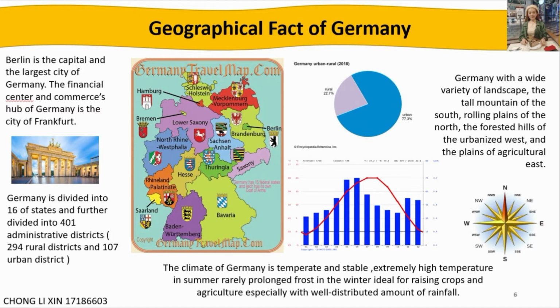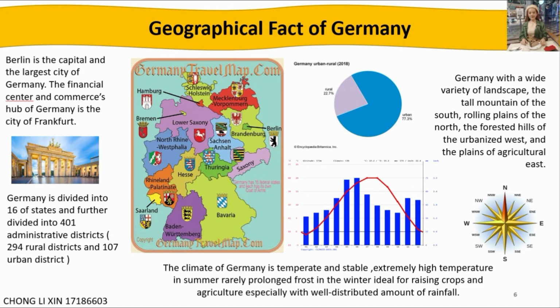And Frankfurt is the financial center and commercial hub of Germany. By looking at the map in the middle, we can see that Germany is divided into 16 states and further divided into 401 administrative districts.